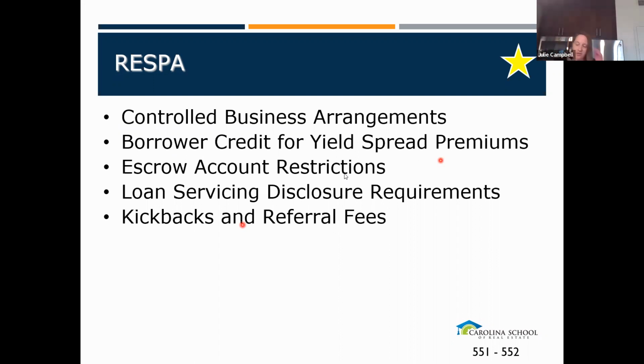RESPA has put regulations on how much the lender can collect for escrow. Today, it's only a 1/12 of annual taxes and a 1/12 of annual insurance. As taxes and insurance go up, so could your mortgage payment next year. Remember, your principal and interest stays the same for the life of the loan.